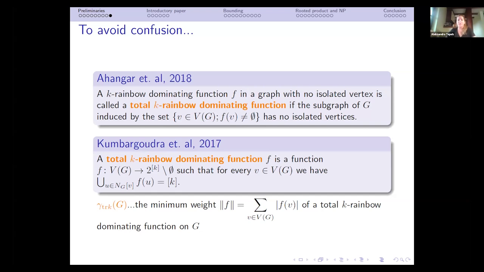Because I really wanted this name to be similar to the original one, because it really has to do with Cartesian products. Namely, these two definitions have nothing to do with Cartesian products. They are different, and they are different from our concept.